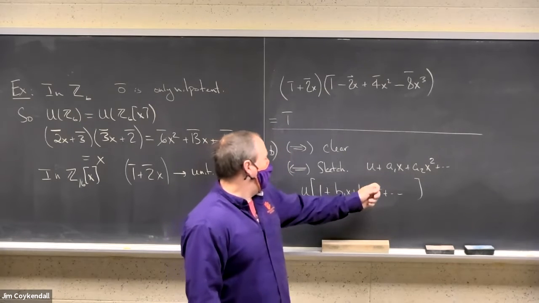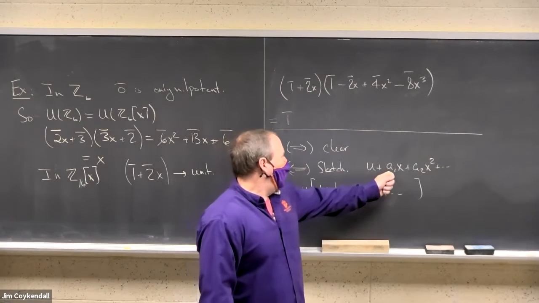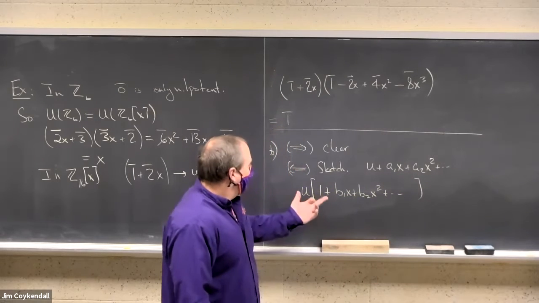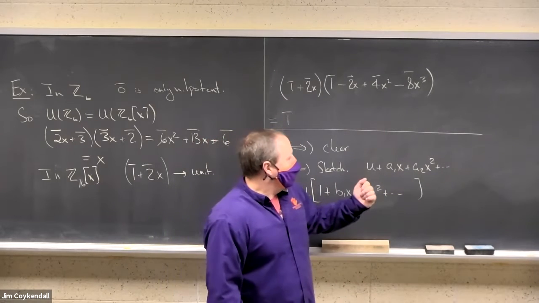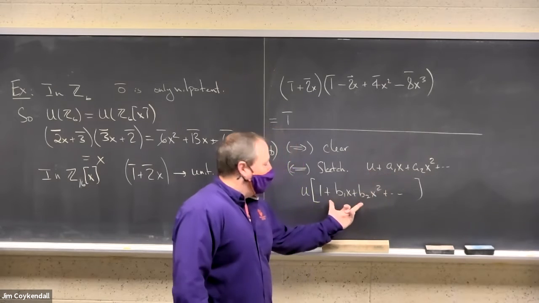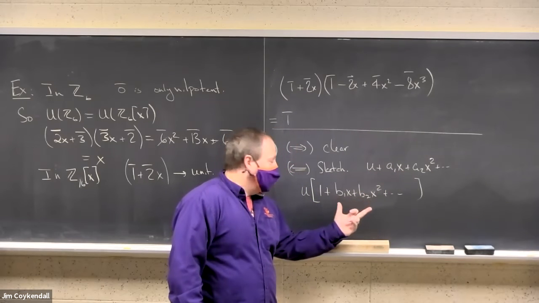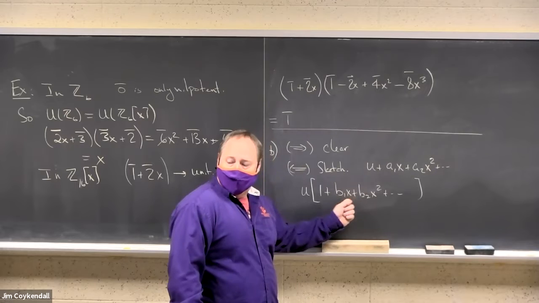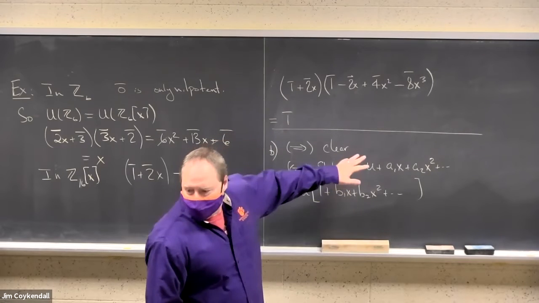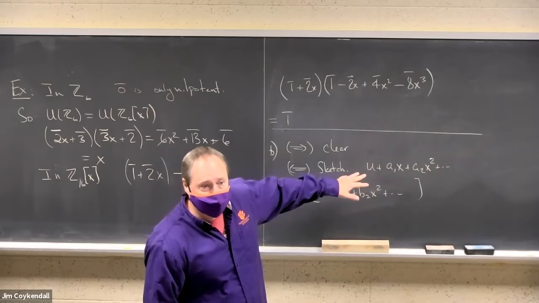So b1 is a1 u inverse, and b2 is a2 u inverse. To show that this is a unit, it's equivalent to show that this thing here is a unit, because if I can invert this, then all I have to do is multiply by u inverse, and I'm good to go. So without loss of generality, I'll assume my power series begins with 1.